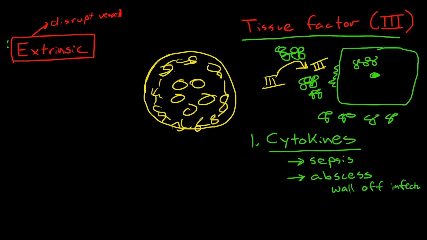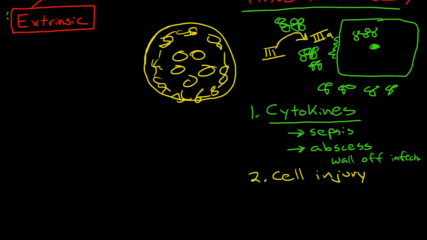Okay, the second thing that can activate tissue factor is cell injury. And the third thing is vessel injury or vessel disruption. One of the major pathways that activates tissue factor here is just blood in the tissue.